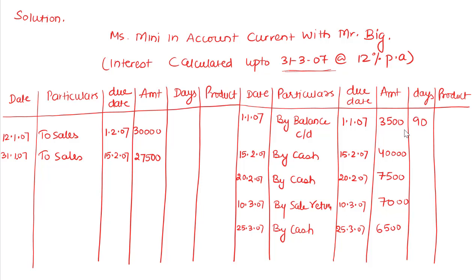In case of here, calculate the number of days. 15/2/2007, the due date is 15/2/2007. So 31 minus 15, 28 minus 15, 13 days, plus 31 days in March, 44 days.